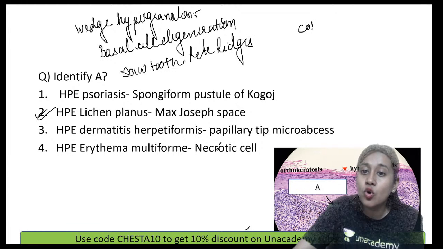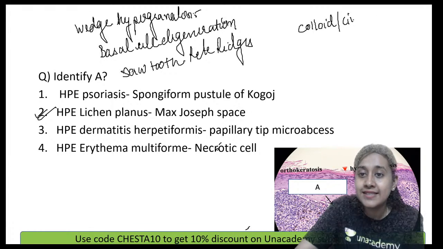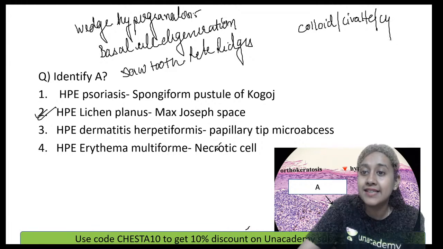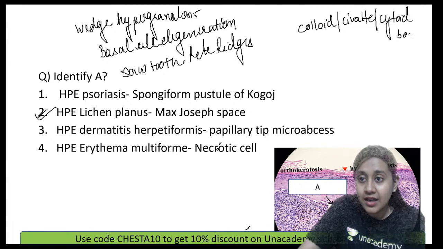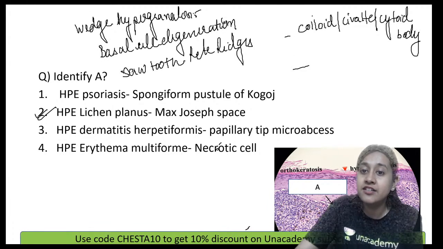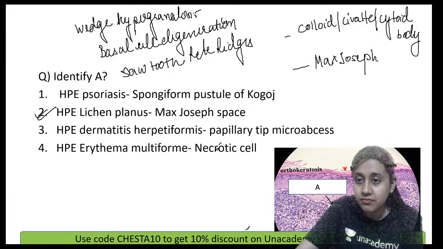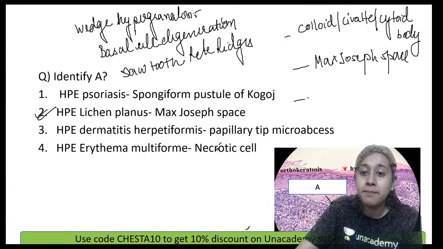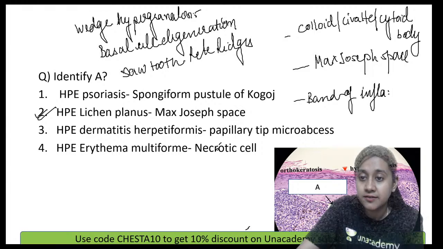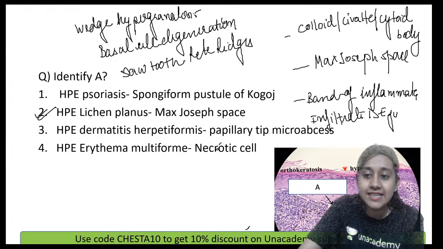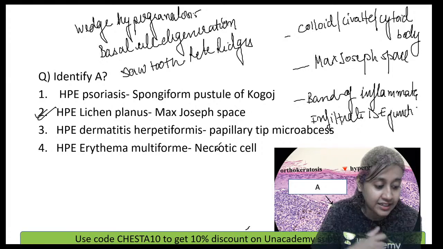You have presence of colloid bodies, also called civatte bodies or cytoid bodies. And when there is resorption of these bodies, you will have Max-Joseph space. And you will have a thick band of inflammatory infiltrate at the dermoepidermal junction. So please remember all these points. These are the histopathological characteristics of lichen planus.